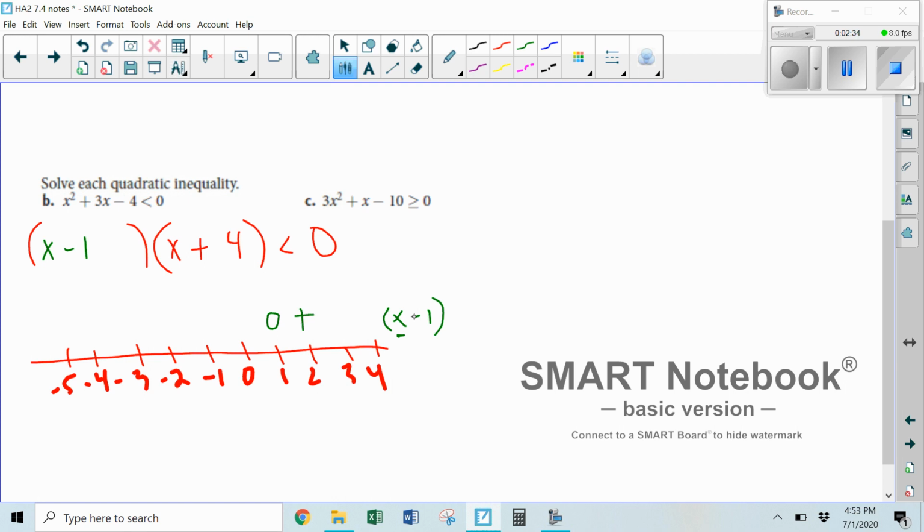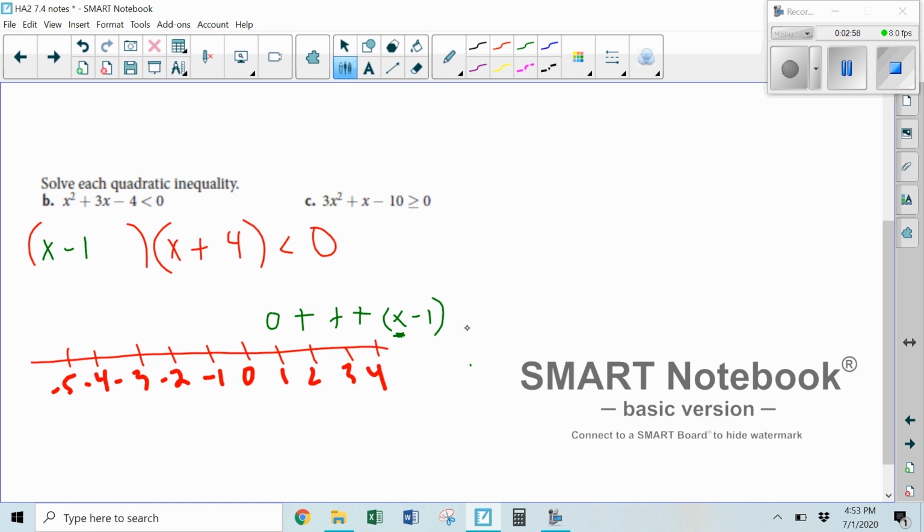If I plug in 3, 3 minus 1 is 2, that's a positive value. So you're not actually writing the value, you're just putting if it's positive or negative. By the way, everything to this side of the zero will be the same, all positive or negative. Going to this side, if I plug in a 0 right here, what is 0 minus 1? That's a negative, so you're going to put a negative.